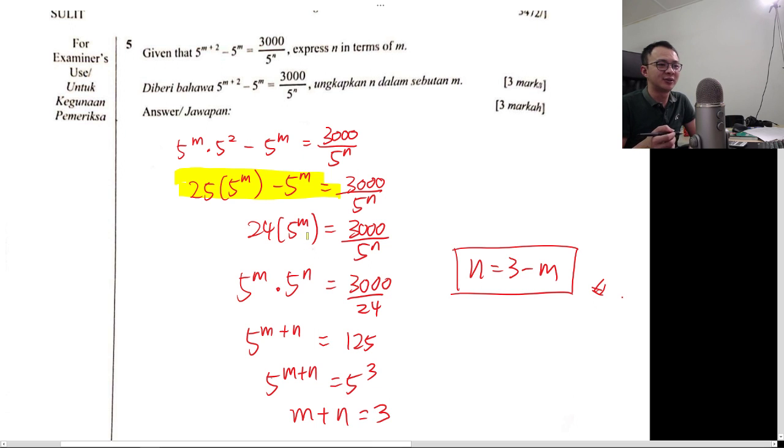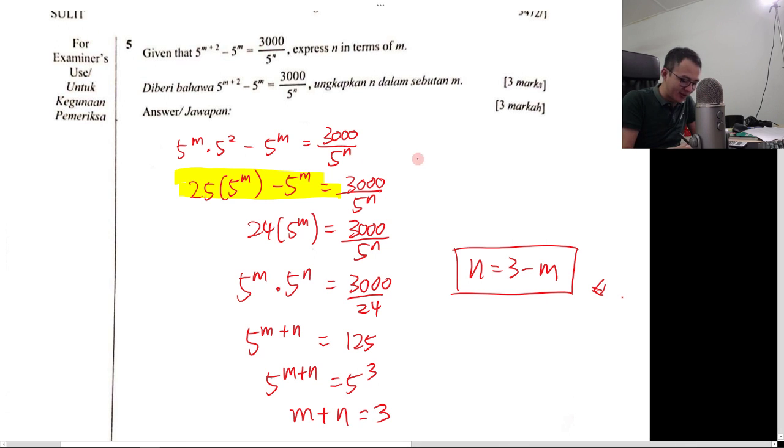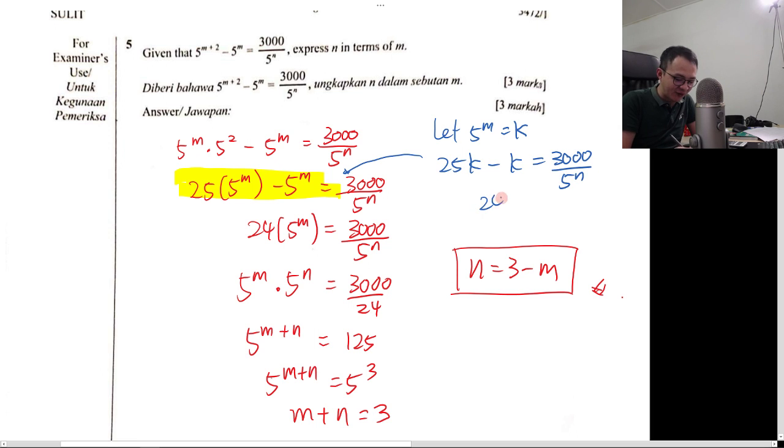I realize a lot of students do not know why it's 24, so let me explain this again. I will let 5 power of m equal k. So therefore, this is 25k minus k equals 3000 over 5 power of n. 25k minus k, you get 24k, isn't it?